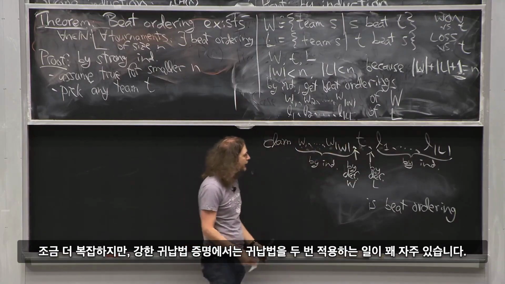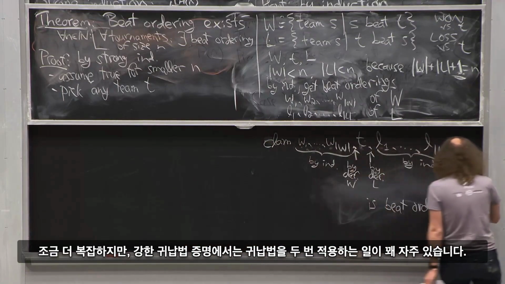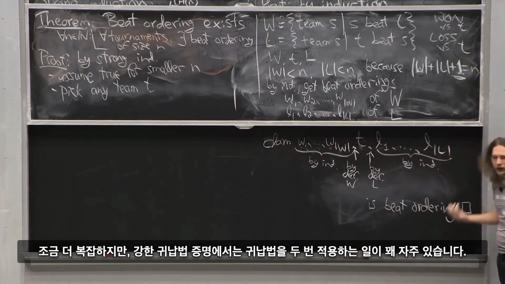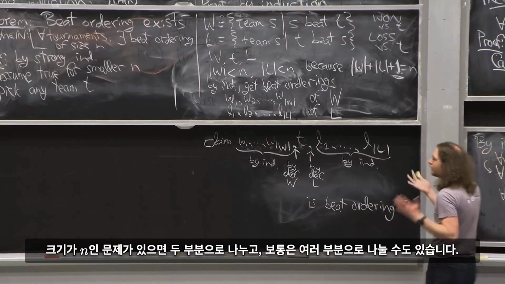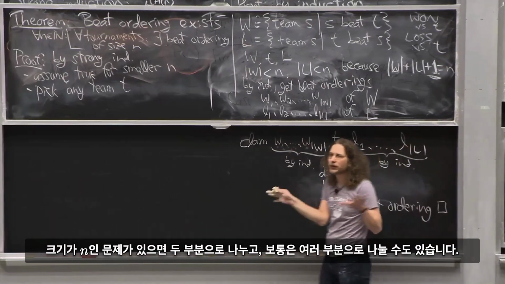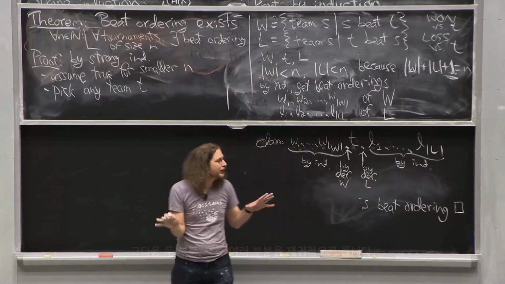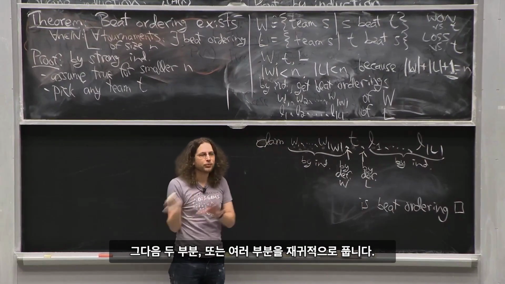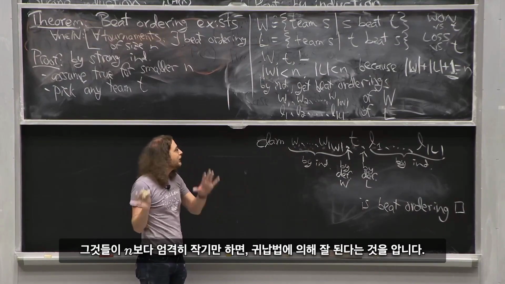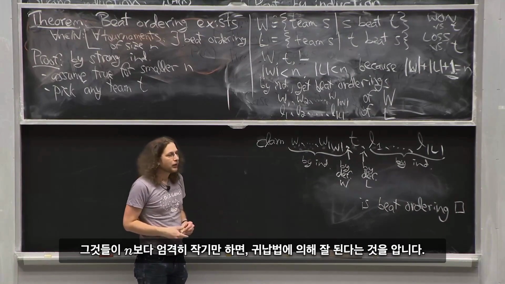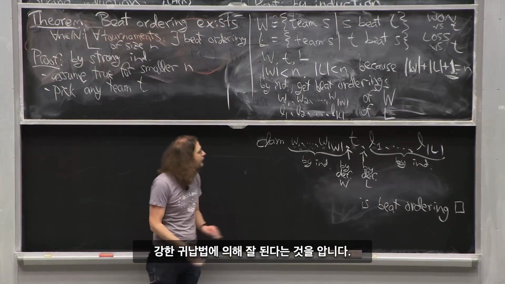So it's a little more complicated, but again, quite often with strong induction proofs, you apply induction twice. You have some problem with size n, you split it into two parts. In general, you might split it into many parts. Then you recursively solve the two parts or the many parts. As long as they're strictly smaller than n, by strong induction, we know they work out.